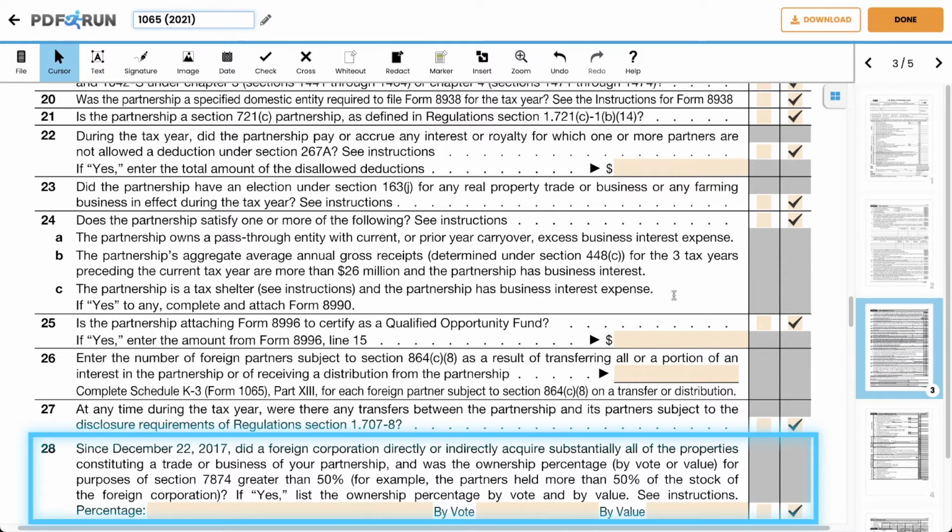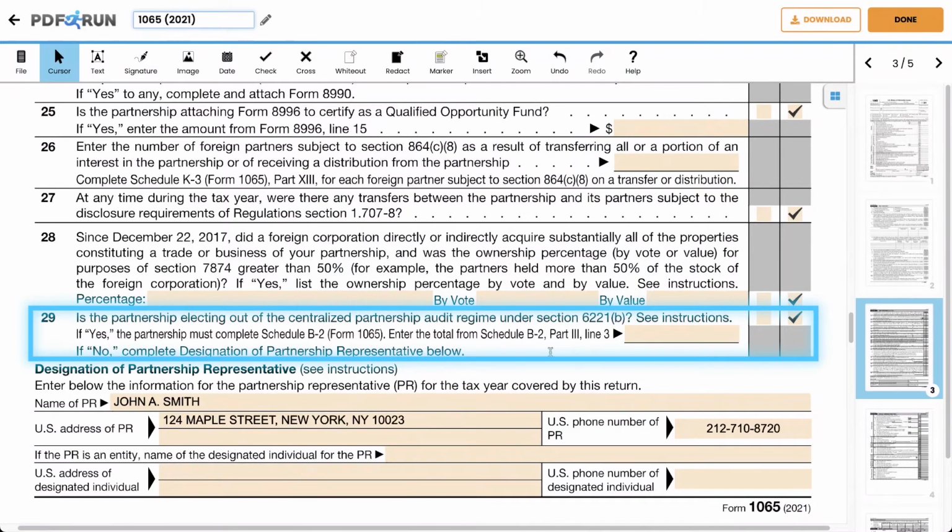Otherwise, check no. Line 29. If the partnership is electing out of the centralized partnership audit regime under Section 6221(b), check yes, and enter the total from Schedule B-2, Part 3, Line 3 in the space provided. Otherwise, check no, and complete the designation of partnership representative as outlined below.